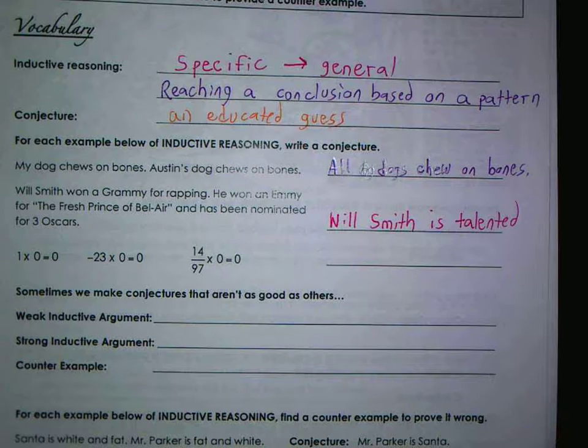All right, here's one. 1 times 0 is 0. Negative 23 times 0 is 0. A fraction of 14 over 97 times 0 is 0. 3 specific cases. What is my conjecture?